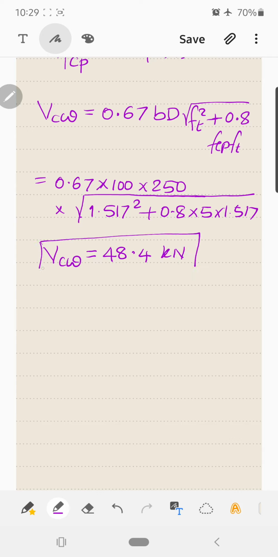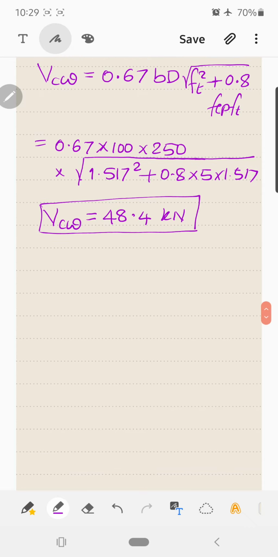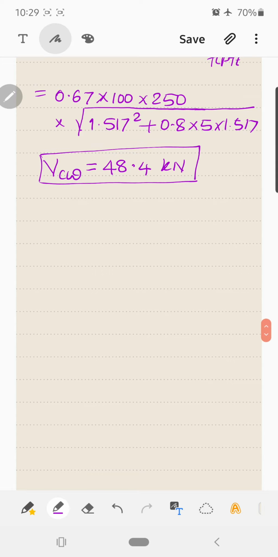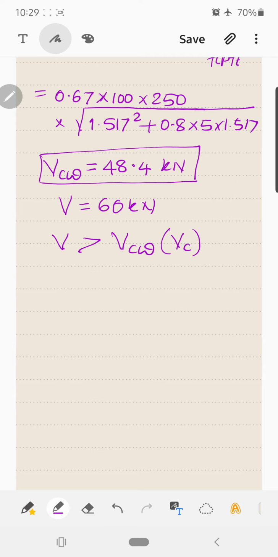Now this is the shear strength of the PSC section. We'll compare it with the shear force. The shear force mentioned is V is 60 kilonewton. If we compare these two, V, which is 60 kilonewton, is greater than VCW, which is VC here.